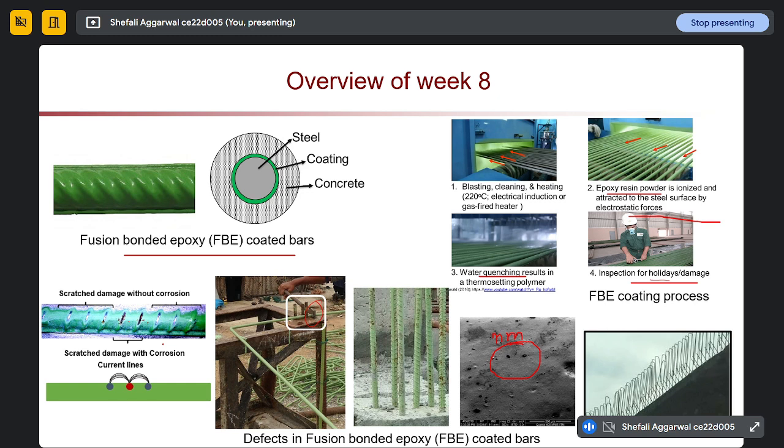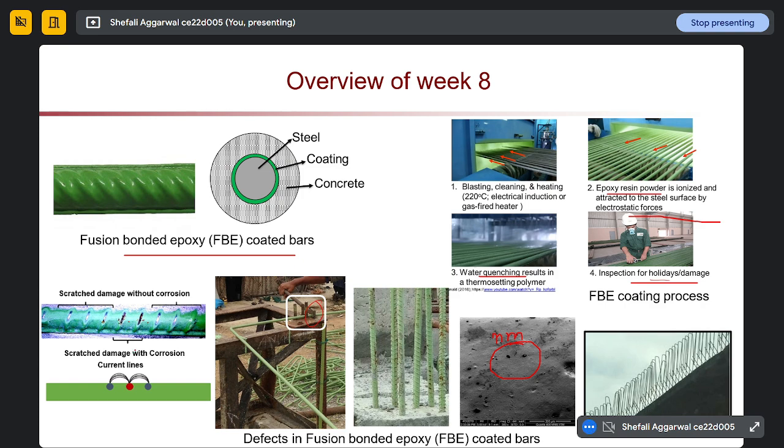Without having chlorides, if you have a rebar with a damaged outer surface, whether it is because of holidays or scratching or anything, if you have this kind of damage in this epoxy coated rebar, the corrosion will start even before the chlorides get near the rebar surface.